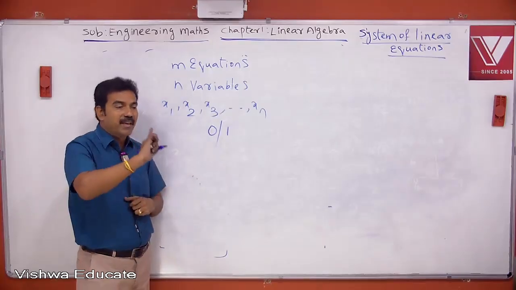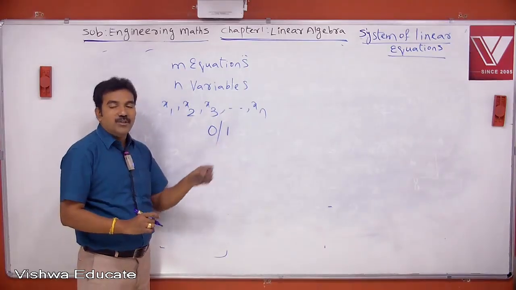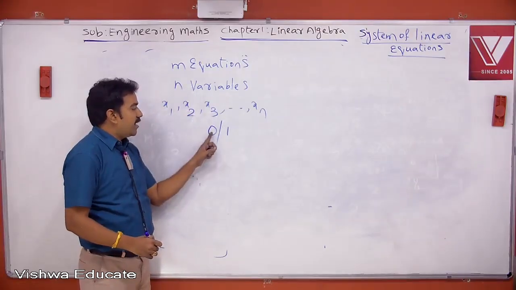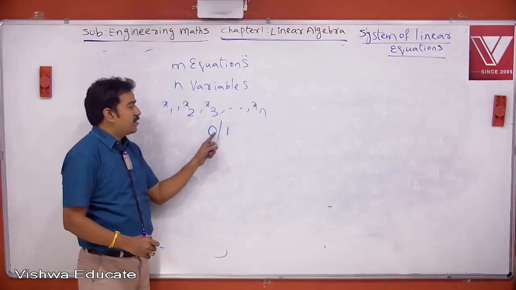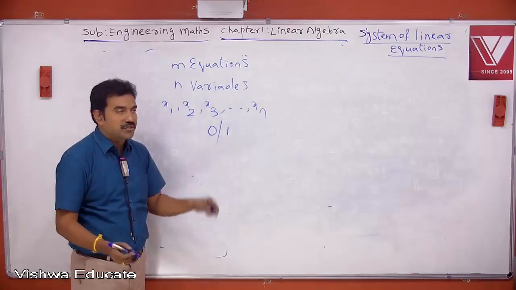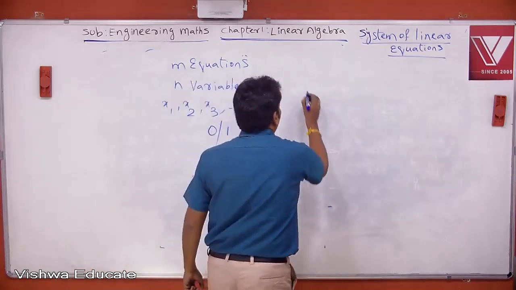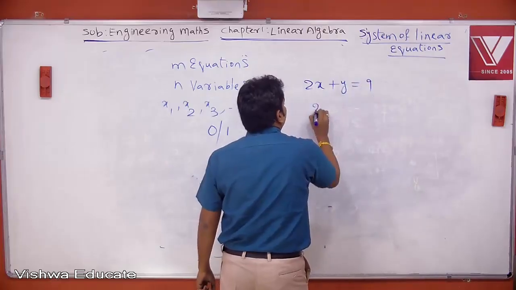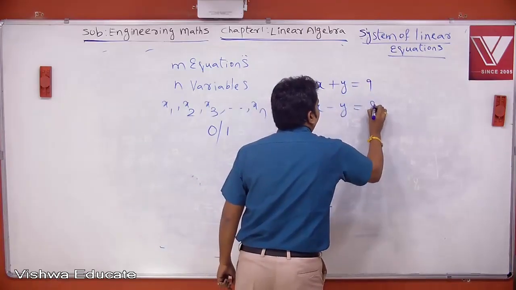Linear means degree can be either 0 or 1. So if in all equations the degree of each variable is either 0 or 1, then such a system is called a system of linear equations. Let us take an example. Suppose I have 2x plus y equal to 9. Suppose x minus y equal to 8.